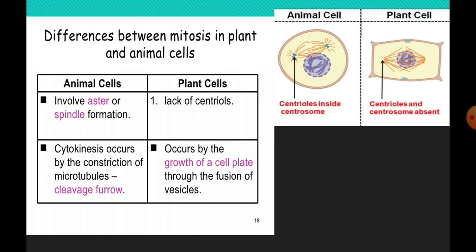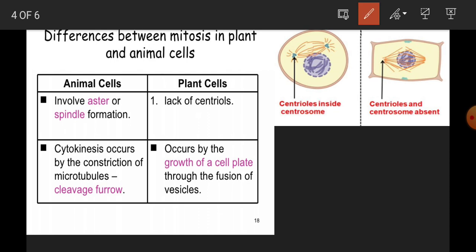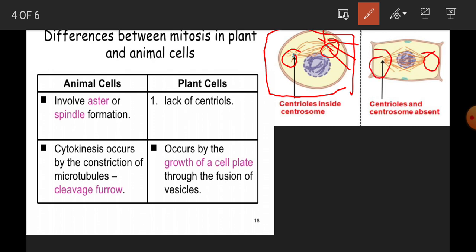You can see here, this is the animal cell, and these are the centrioles. They go to the poles during cell division, and from here some aster rays arise, but there is no centriole in the plant cell, and so there are no aster rays.